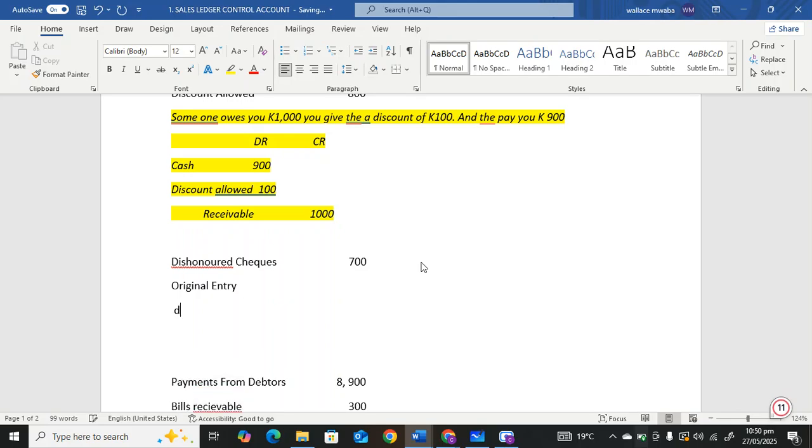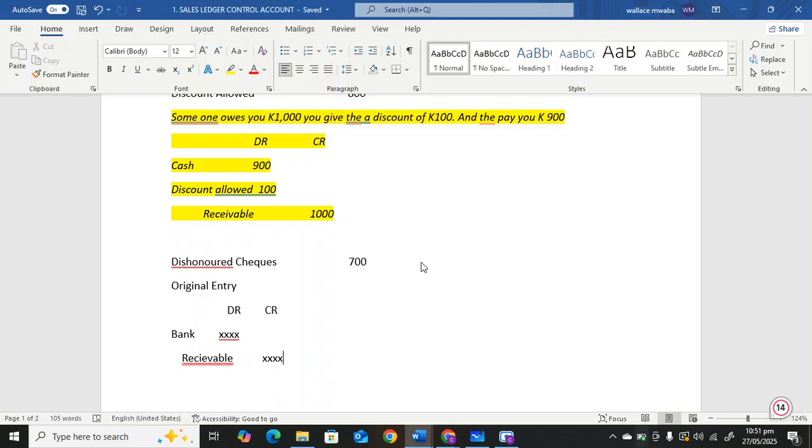Yes, debit bank and credit what? Credit receivables. Then you go to the bank to cash it. So here you have recorded it in your cash book, the bank column. Then you take it to the bank, and the bank tells you there's insufficient funds, so this check can't go through. So it means you have to reverse this journal entry.